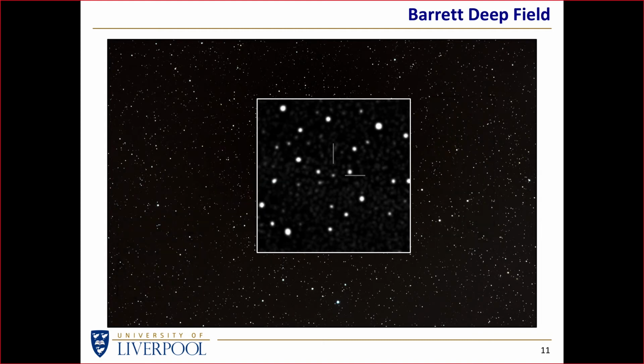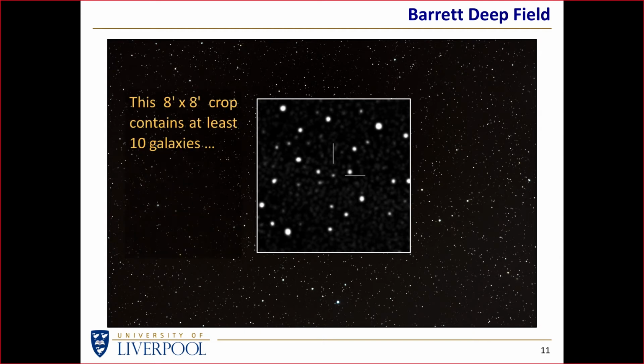Whilst looking at that particular image, this particular chunk of sky, the sky covered by the full image that you can see in the background still, that was covering about 3 or 4 degrees of sky. But this crop that we're looking at is only about 8 by 8 arc minutes. Remember that an arc minute is 1/60th of a degree.